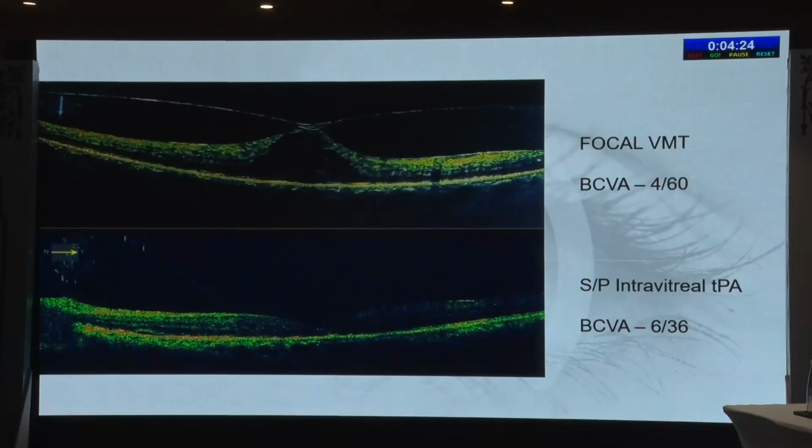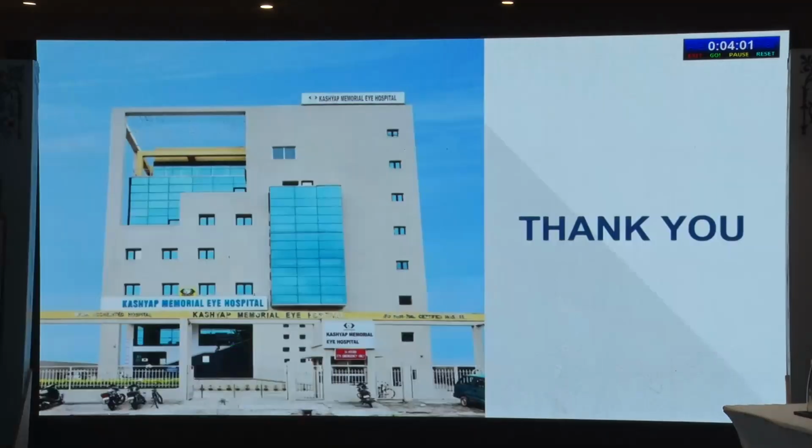Only tissue plasminogen activator, and the vitreomacular traction relieved with a symptomatic improvement of vision from 4/60 to 6/36. So these are my two non-conventional, non-hemorrhagic indications of tPA use, which have the potential for future research and a bigger cohort of patients with these indications.